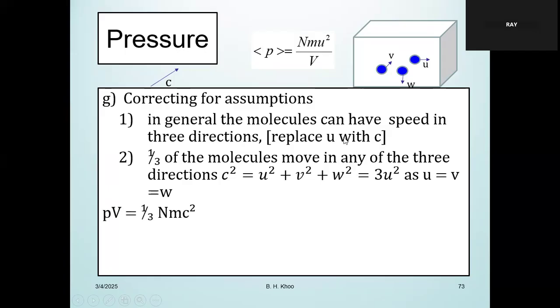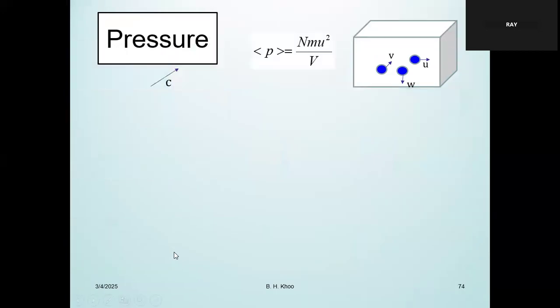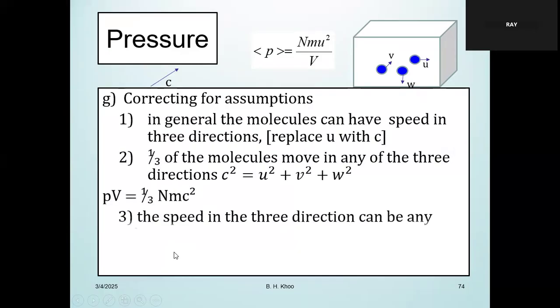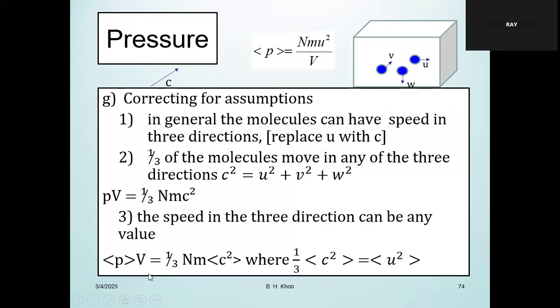Right? And as we said, we replace our U with our C. So we are replacing with that. Okay, so with complete replacement, we get 1/3, mean square speed equals U squared, the mean square speed in the X direction.